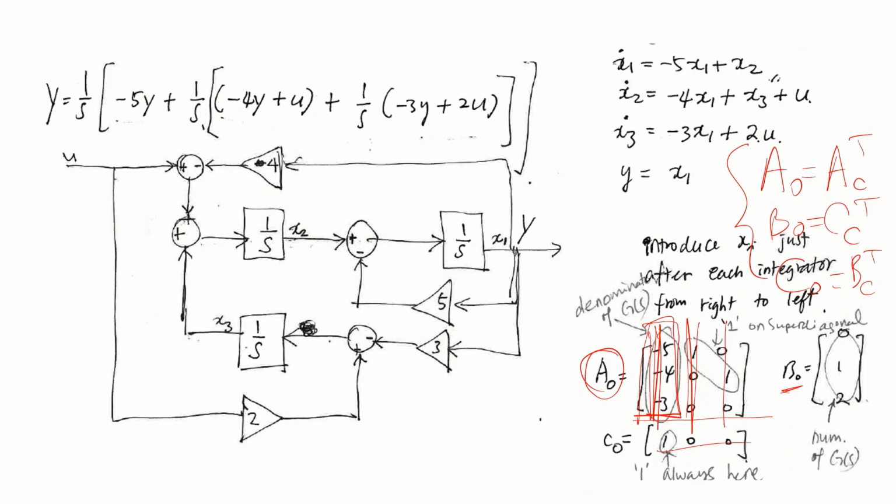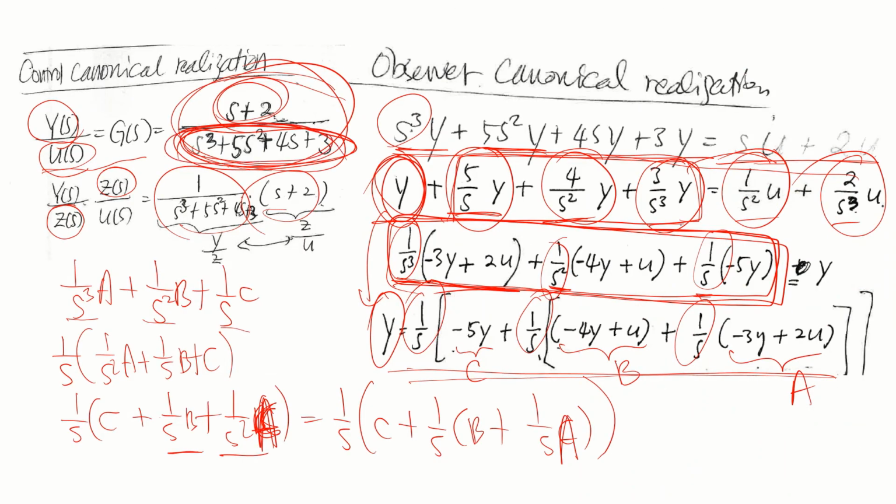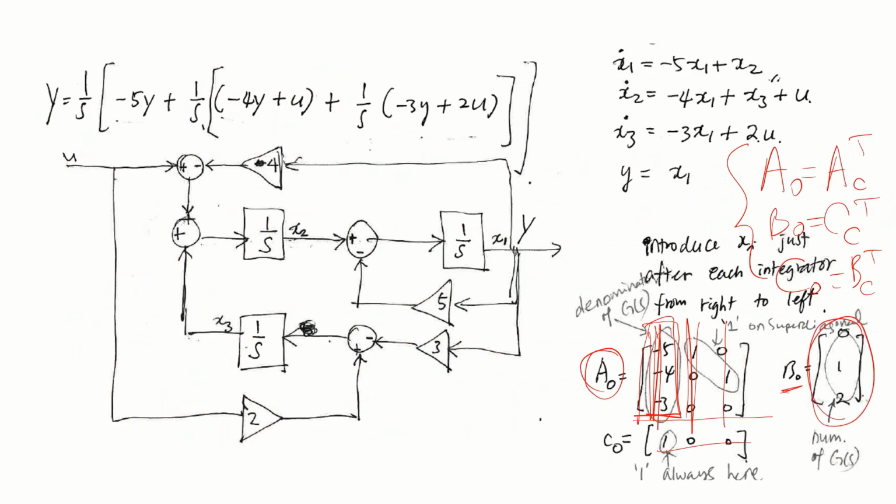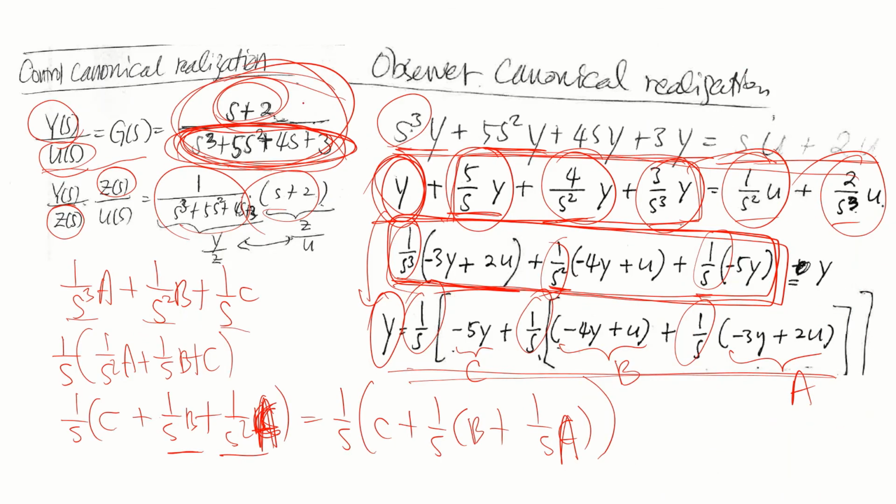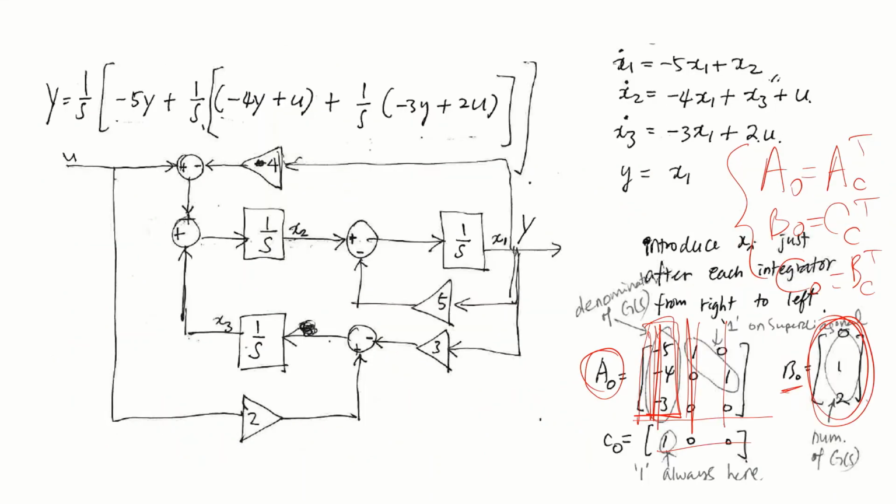The first column of AO comes from the denominator of the transfer function. The B matrix here, 0, 1, 2, comes from the numerator of the transfer function, and all the other entries just have a fixed structure. As I said, this A matrix will have all ones on its super diagonal. Remember, we had all ones on the sub diagonal for the AC, but for AO you're going to have 1 on the super diagonal.